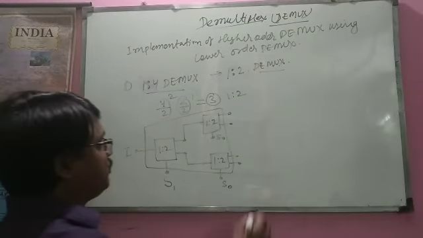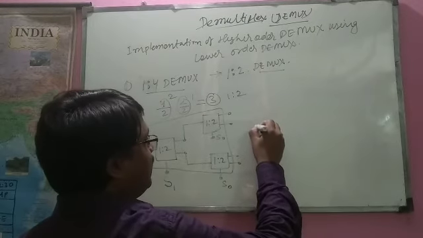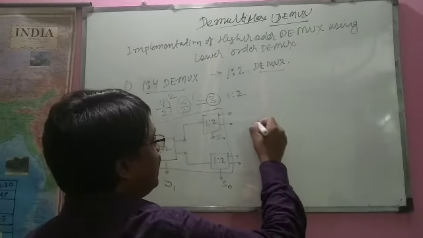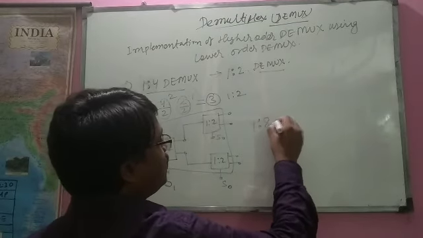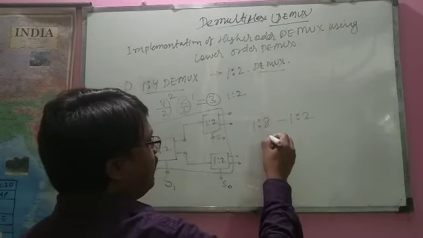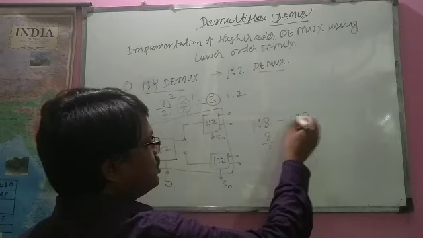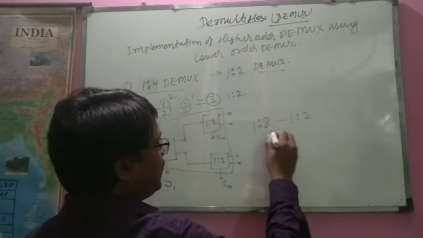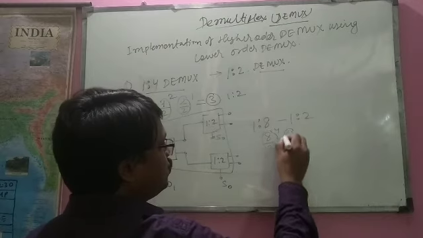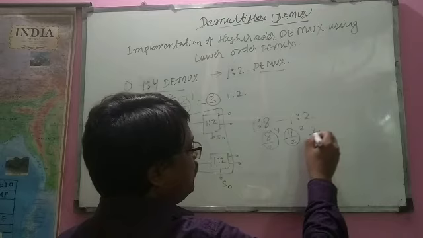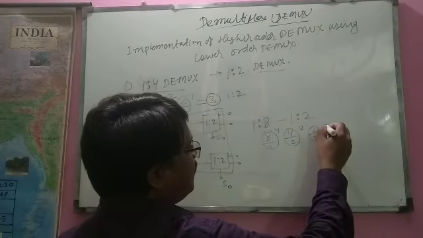One more thing. Let us suppose anyone wants to implement 1:8 demux using 1:2. So what will he do? He will divide 8 by 2. It will be 4. This 4 will again be divided by 2. What will be the value? It will be 2. So this 2 will again be divided by 2, and it will be 1.